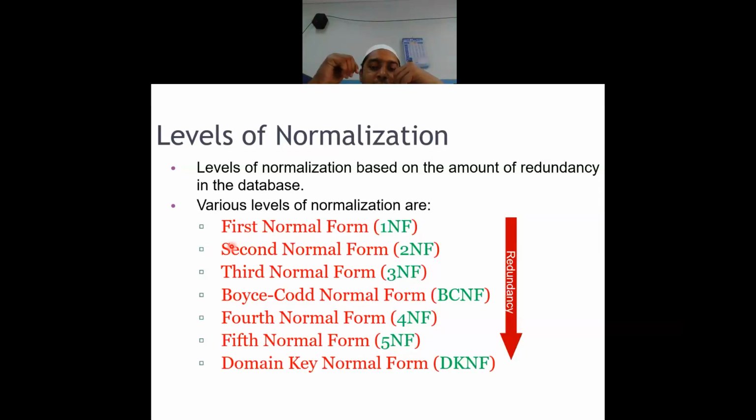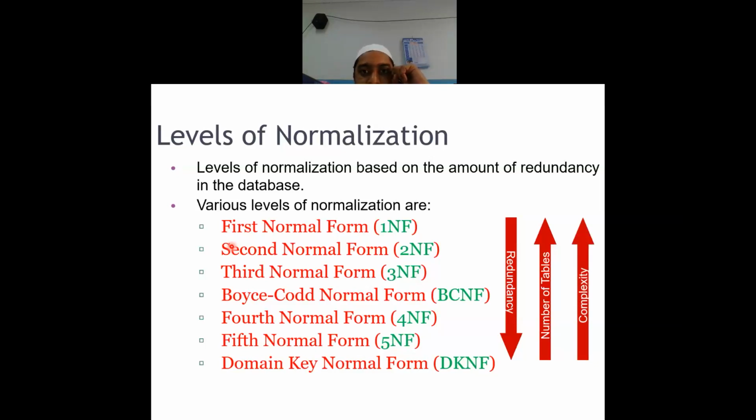When I say the number of tables will increase, my priority was to eliminate redundancy, right? To some extent, redundancy gets decreased as we go on applying the normalizations. But the number of tables gets increased, and thereby complexity also gets increased: complexity of computations, complexity of storage management.